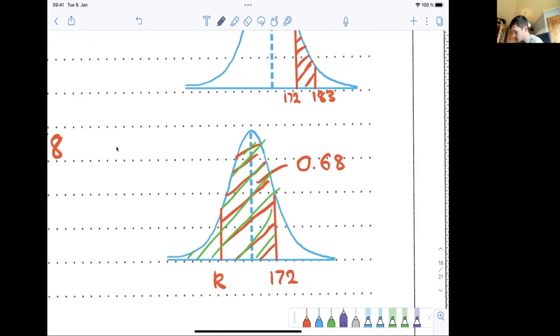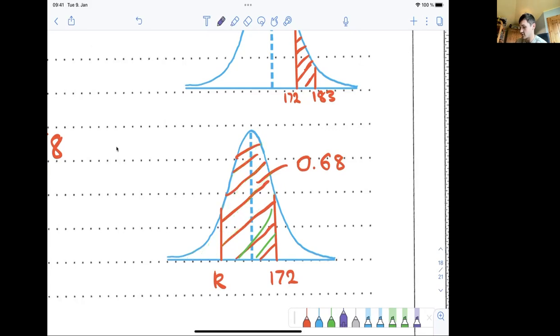Then we subtract 0.68, which is this middle area, and we would be left with this. That would give us the probability of an apple being less than K, and from there, that will help us find K.